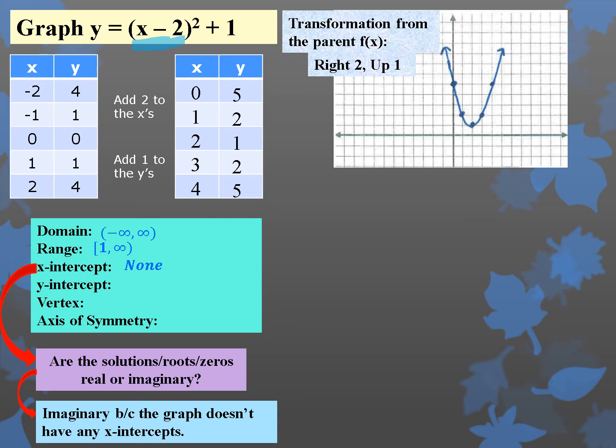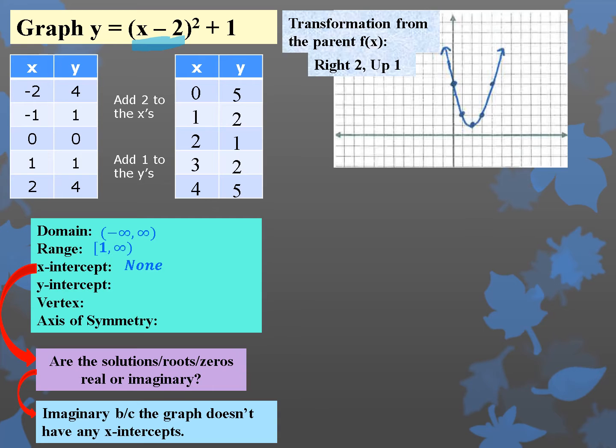So they're going to be imaginary. And if you were to multiply this out and get it in standard form and do the quadratic formula on it, you would discover that that produces a negative underneath the radical, underneath that square root. So when you're imaginary and you do the quadratic formula, you end up with the negative underneath the square root part of the quadratic formula.